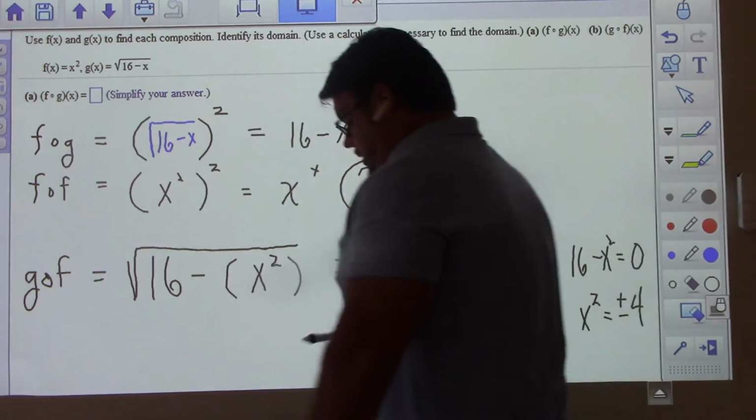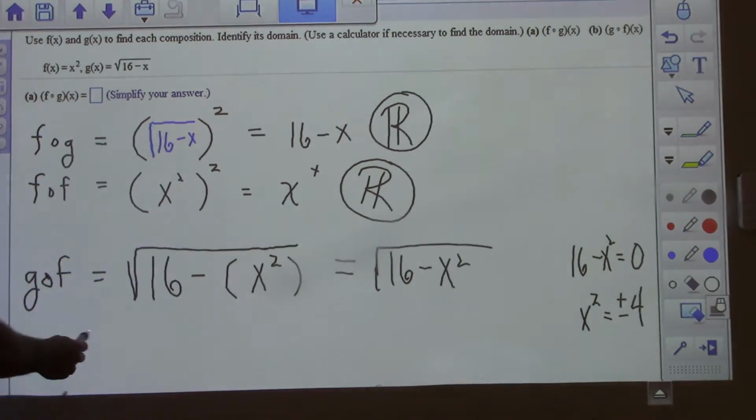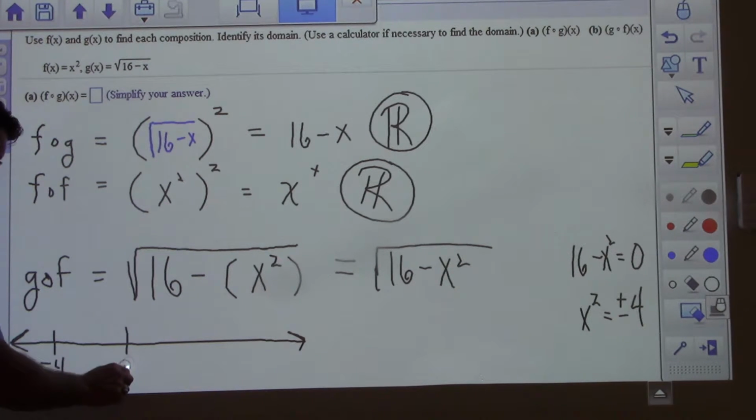So that would be, let's go with negative 4, 0, positive 4. And let's plug in negative 5. Negative 5 will give us 25. Okay, so yep, you're right.